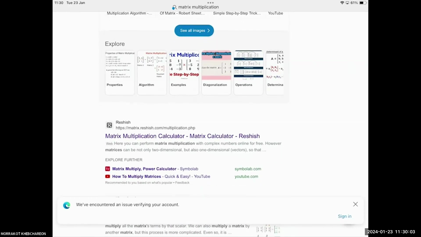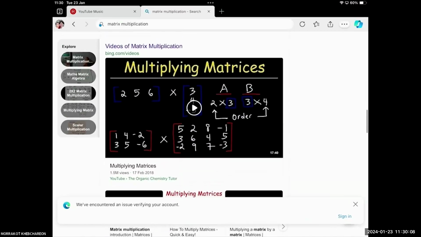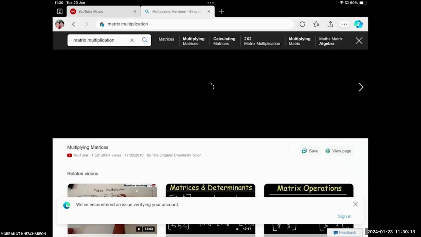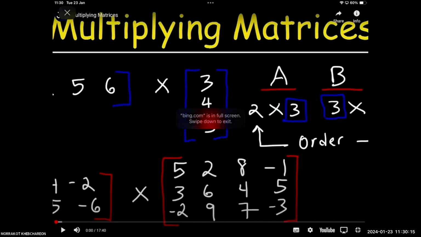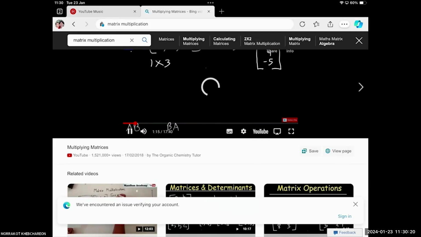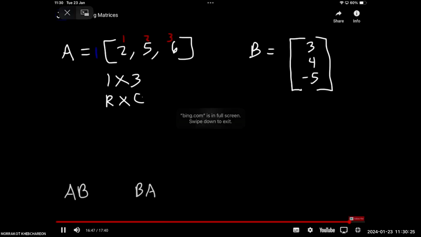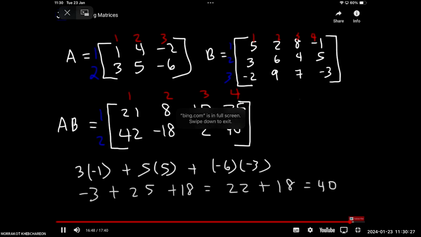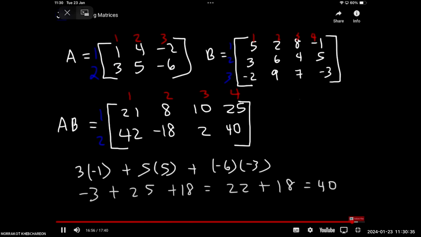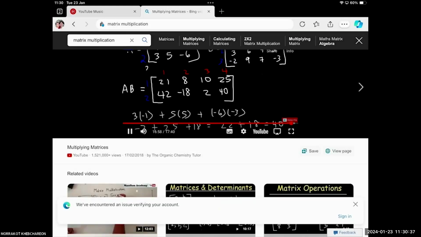Okay, there are so many of them. You can do the quick review of how to do matrix multiplication. They will tell you one by one. They will teach you how to do matrix multiplication. You can find the resources from the internet. So many places.